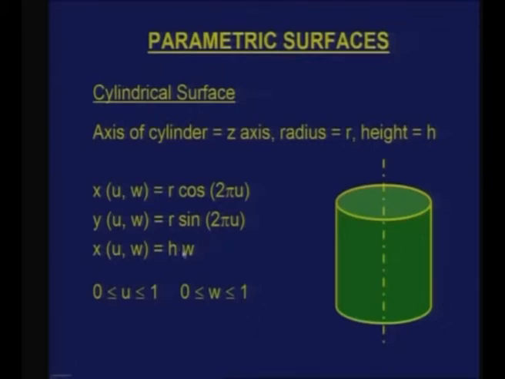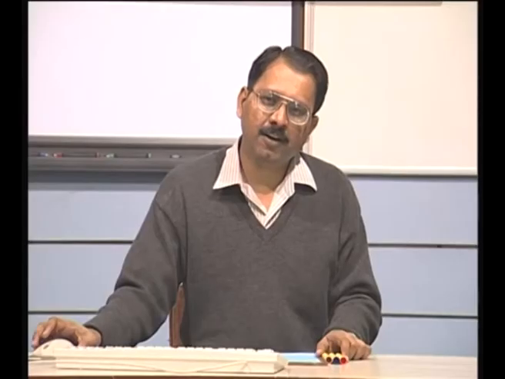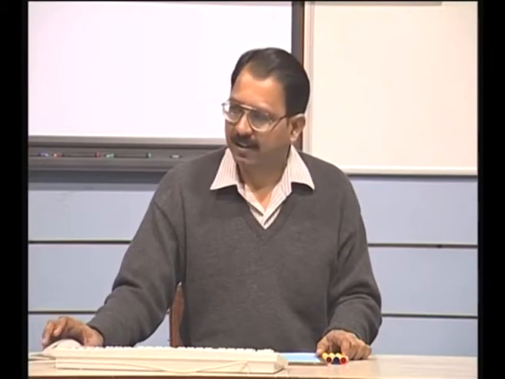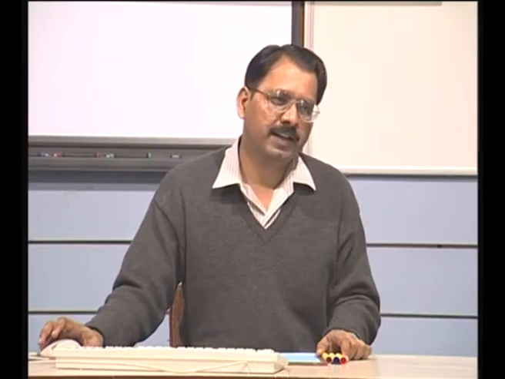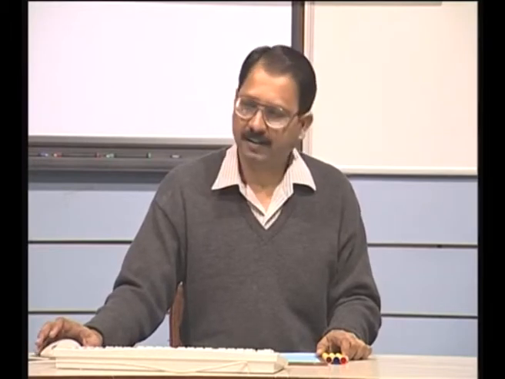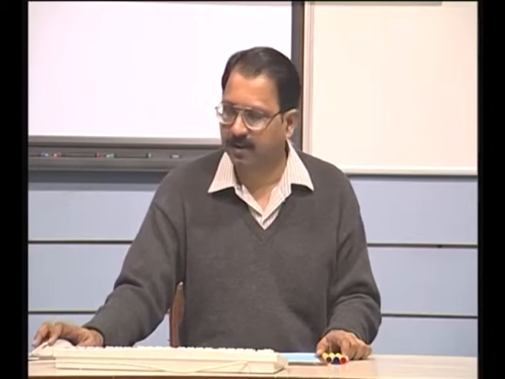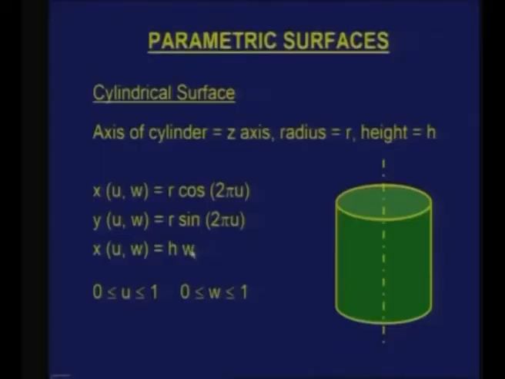In this particular input, what is not shown is the starting point of the cylinder, or where the cylinder lies along the z axis. Now, this is represented here. Suppose I put w equal to 0, then I get, sorry, this is z, I think this coordinate is z. So, if I put w equal to 0, then I get z as 0. If I put w equal to 1, then I get z as h.